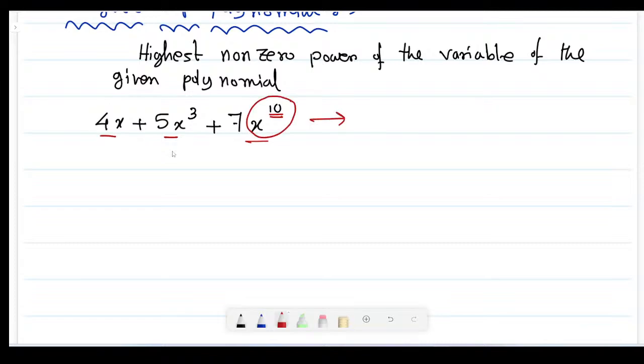So the degree of the polynomial is 10. Okay.